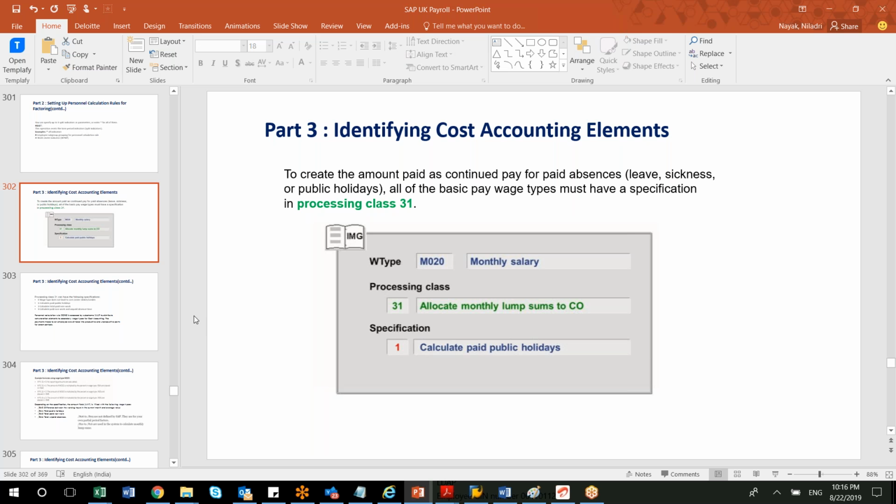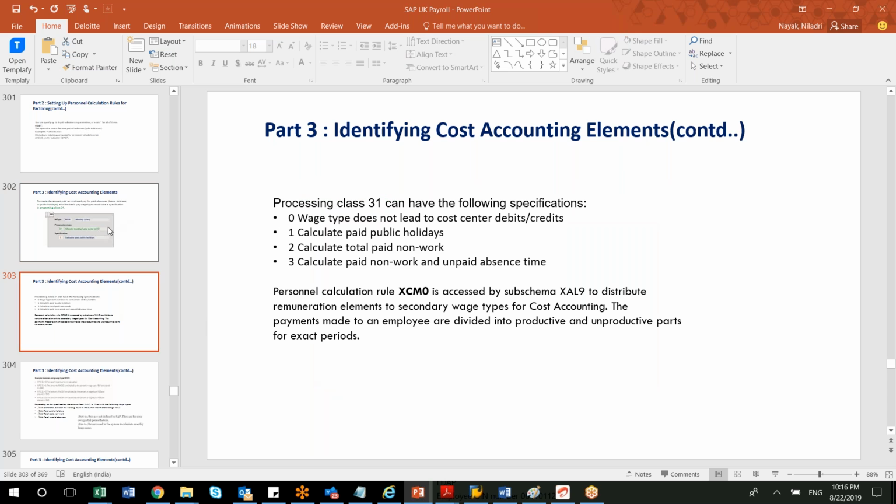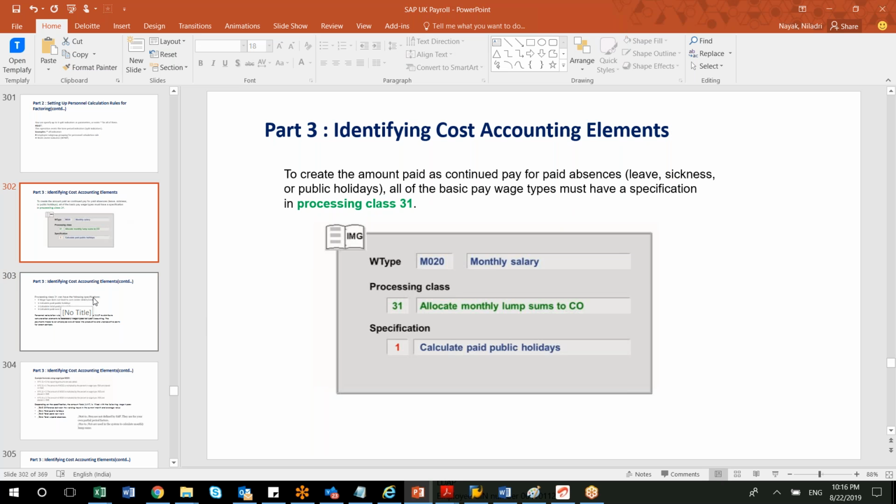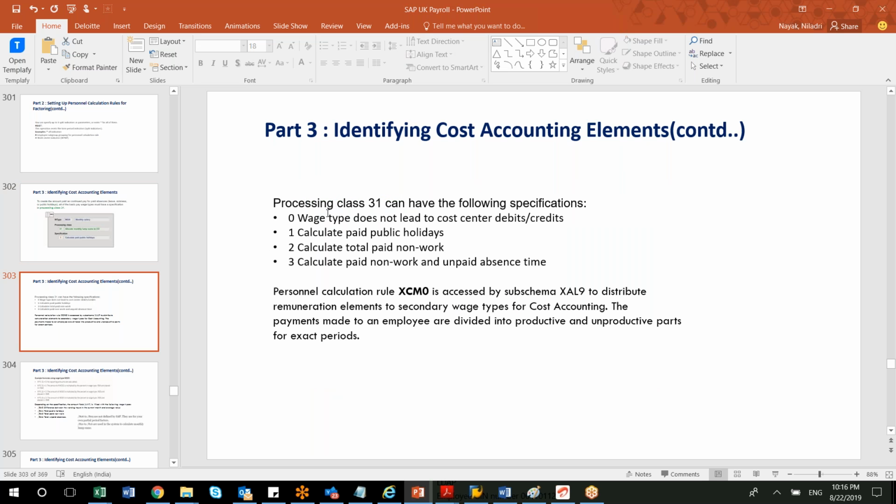In this structure there can be multiple scenarios as well. This scenario is specific to processing class 31, which will have four kinds of specification.